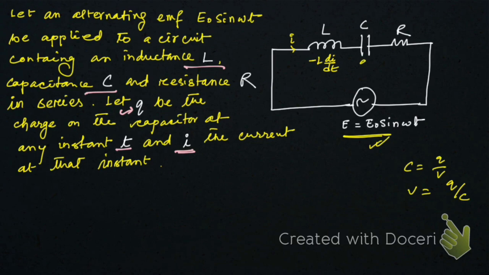And according to Ohm's law, the voltage across the resistance will be R into I.